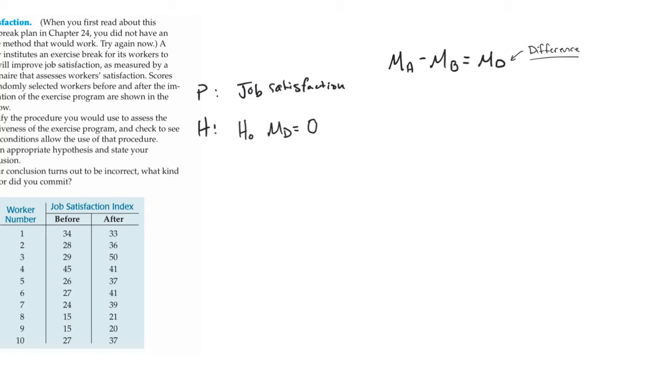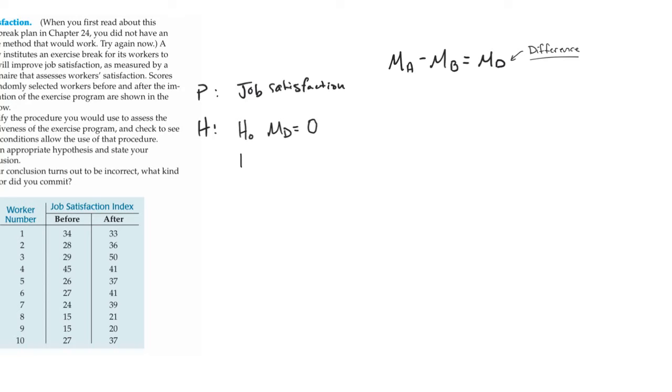We always assume that everything stays the same for the null hypothesis. So if I subtract the 2 scores, then I should find out that there's no difference in the 2 groups. That would mean that their after score was exactly the same as the before score, meaning that nothing affected them.